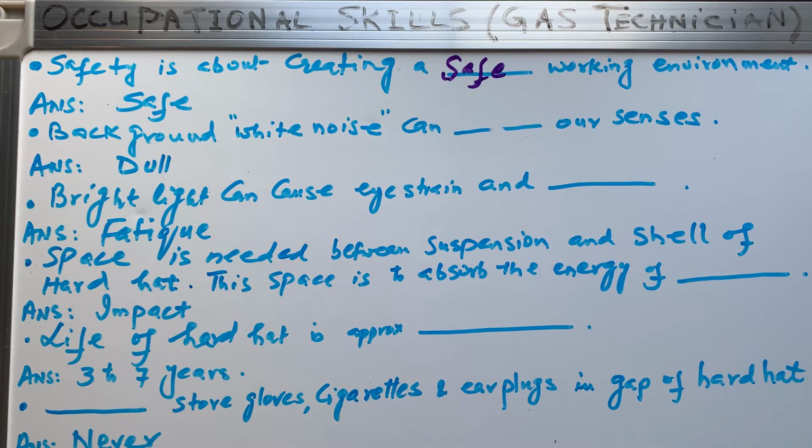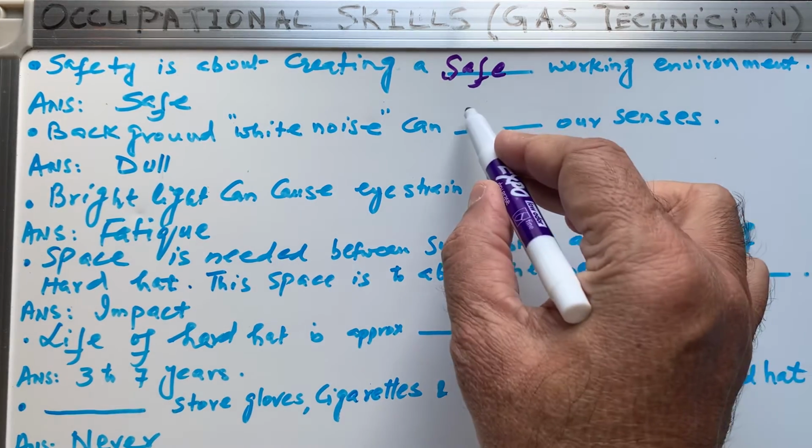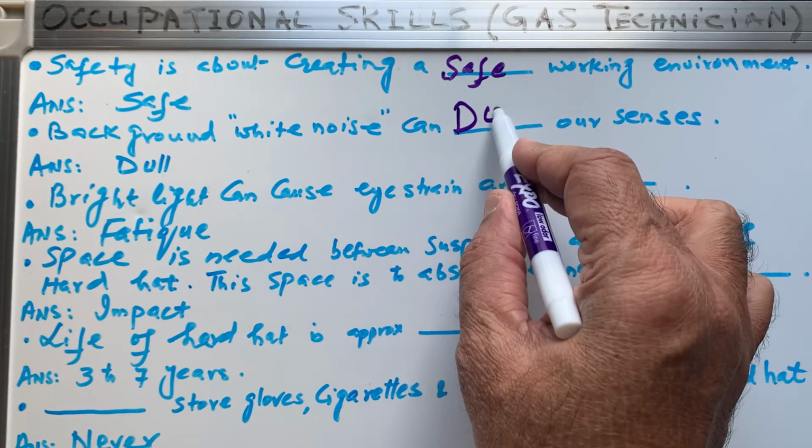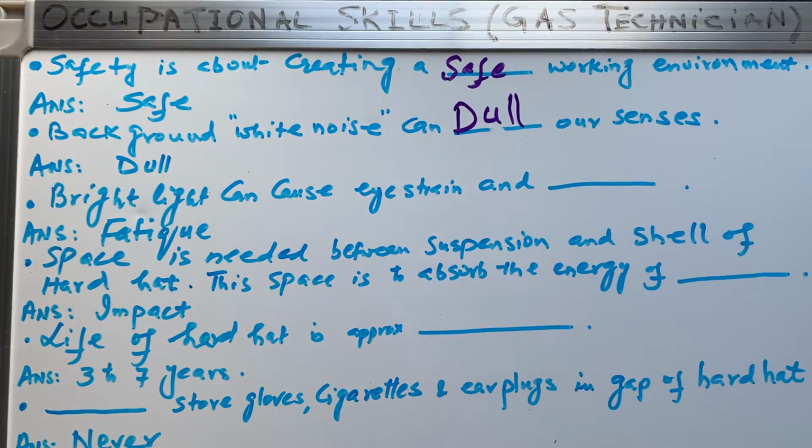Background white noise can dull our senses. So I put the answer as dull, D-U-L-L, dull our senses. So what is white noise? That needs some more explanation. White noise is audible noise which includes all the audible frequencies.